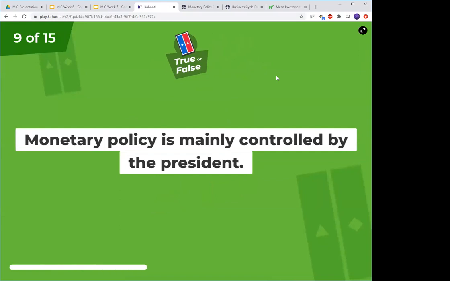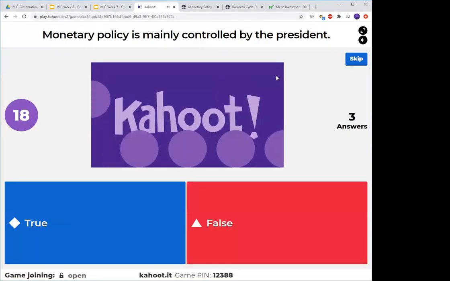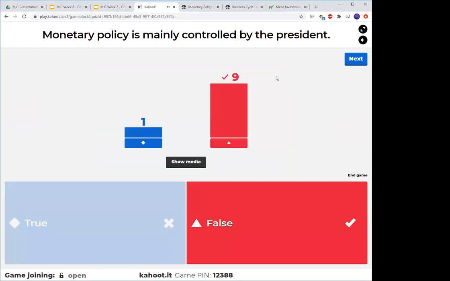Question 9, true or false? Monetary policy is mainly controlled by the president. All right, yeah, most of you got it. This is false. Does anyone know what entity controls monetary policy?